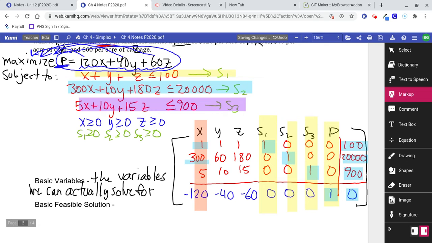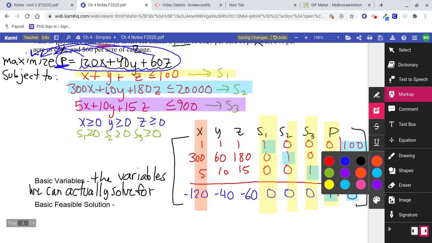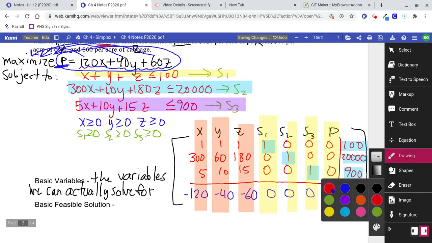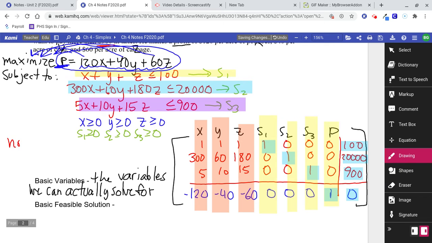So in this problem, the ones I've marked in yellow are the basic variables, and these ones I'm marking in orange are the non-basic variables, okay? And what's going to happen is non-basic variables equal 0. Okay, every time you come to that, non-basic variables equal 0.